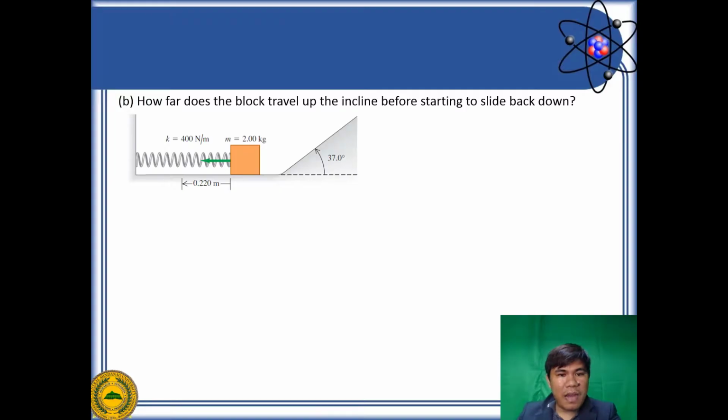How far does the block travel up the incline before starting to slide back down? In this case, we will emphasize that our geometry becomes this.